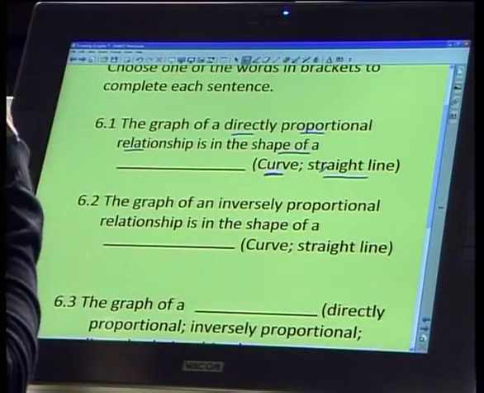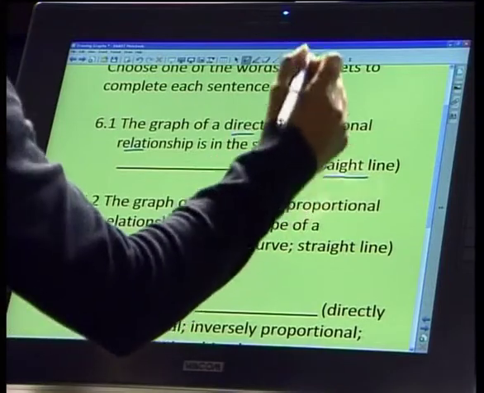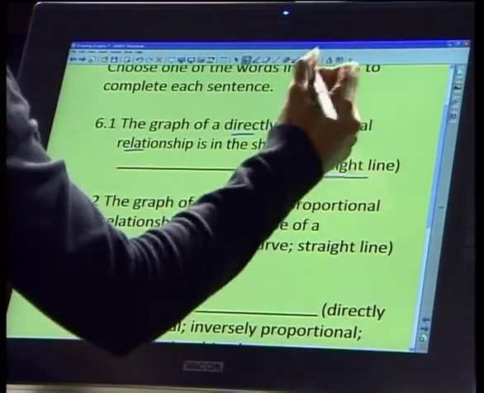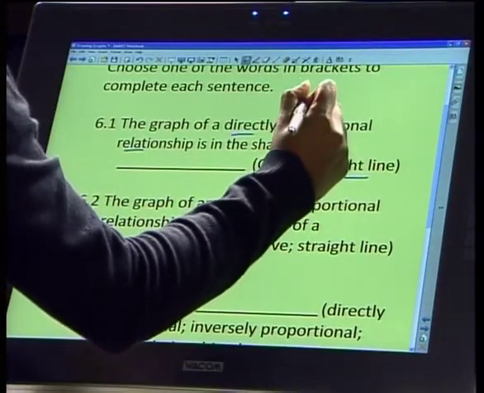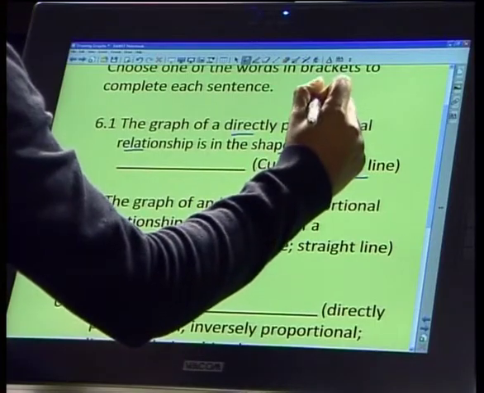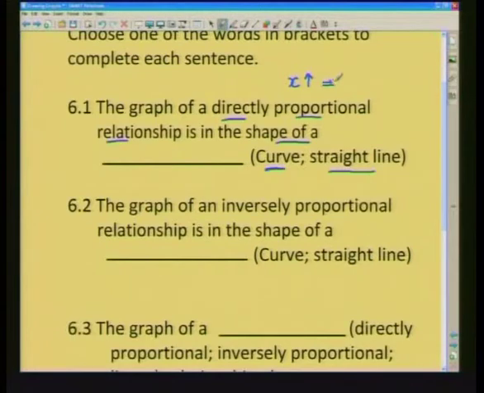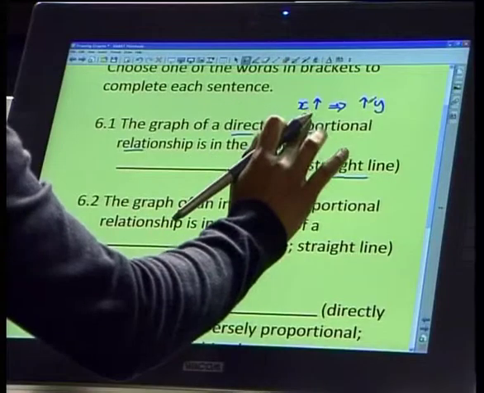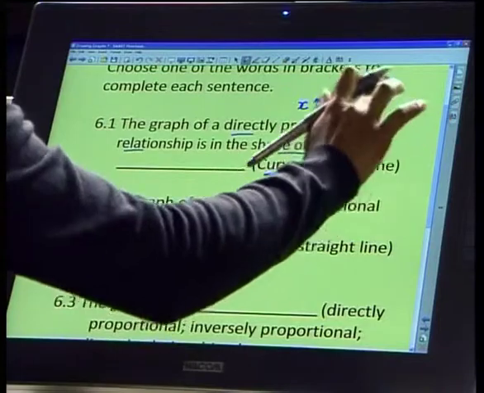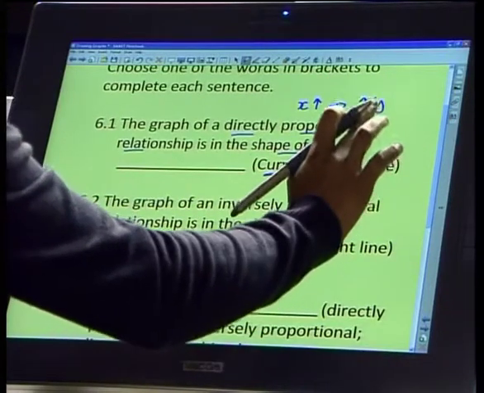Now, obviously, before you answer this, you have to decide, well, what is a directly proportional relationship? A directly proportional relationship is one where, if we work in terms of variables x and y, if x increases, then this would imply we have a corresponding increase in y. So x increases, and that would imply that y increases at the same time.